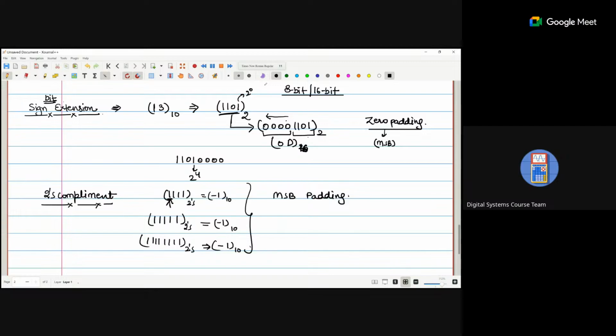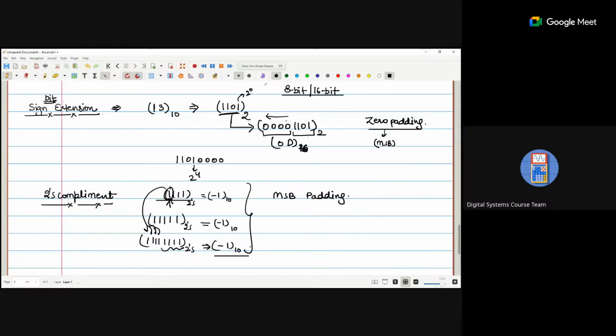If we have 4 bits, 1, 1, 1, 1, and we require 8 bits, what should we do? We copy and paste the MSB in 4 different places. The remaining data will be the same, the number will be the same, the representation will be the same. So it is called MSB padding.